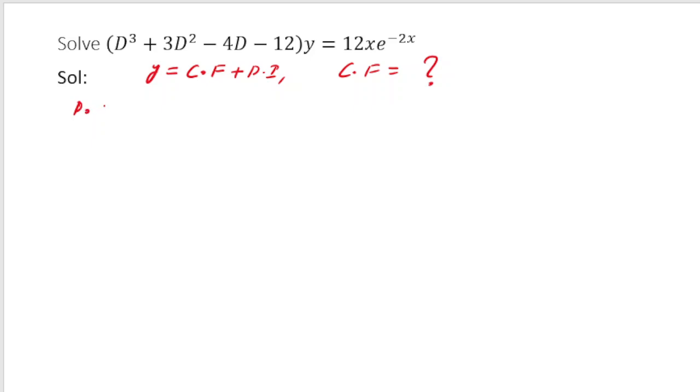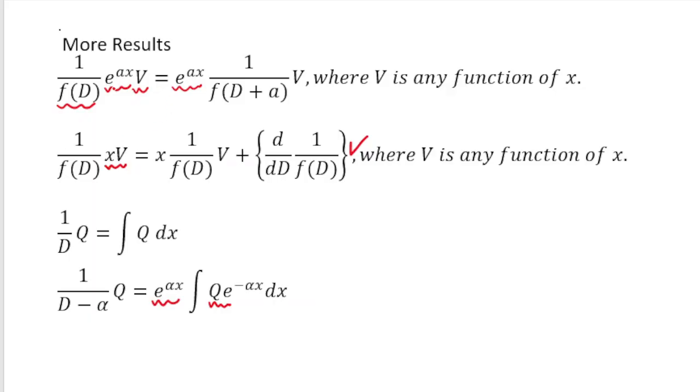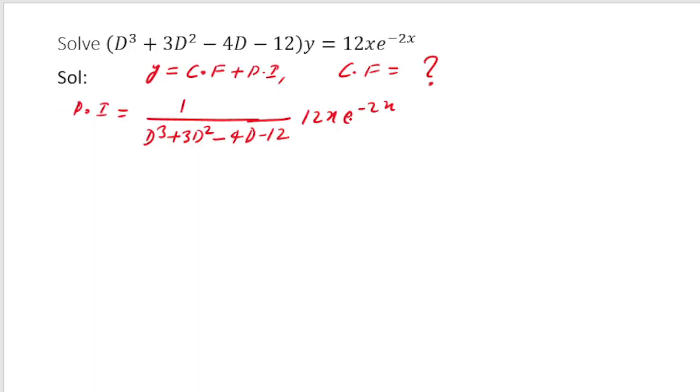What is PI, gentlemen? So PI is 1 by D cube plus 3D square minus 4D minus 12, and that I need to operate on 12x e to the power minus 2x. So just for your understanding, it is something like e to the power ax and a function of x, right?